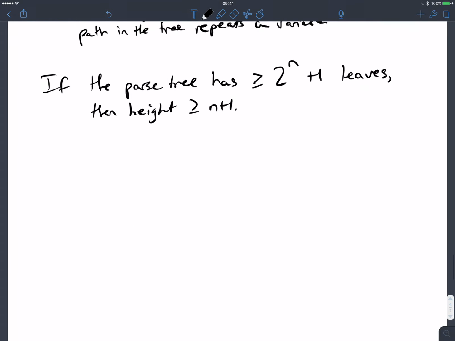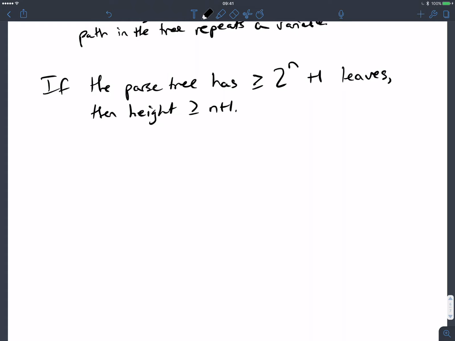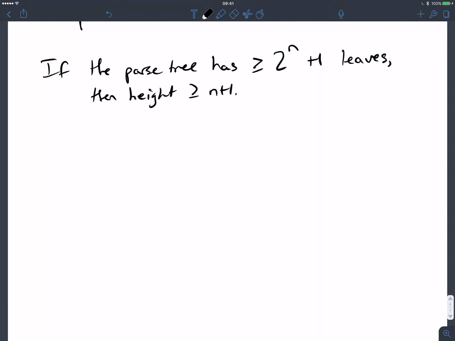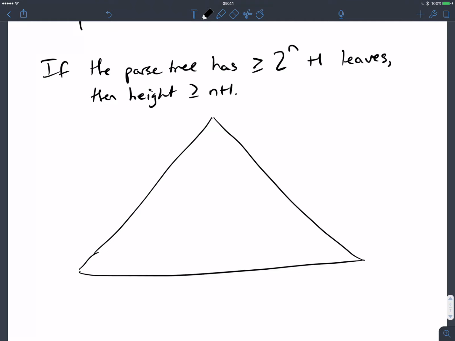Okay, so let's try to exploit the fact that we made this tree so big that it repeats a variable. So I'm going to redraw that tree slightly bigger. So at the top is S again. And I've made this tree so tall that there must be some path that repeats a variable. So let's say that this is the path right here.